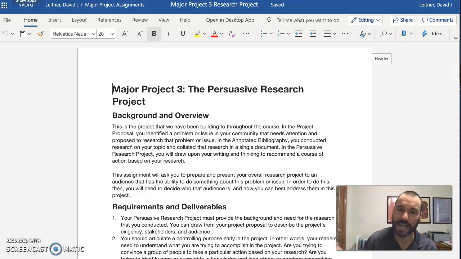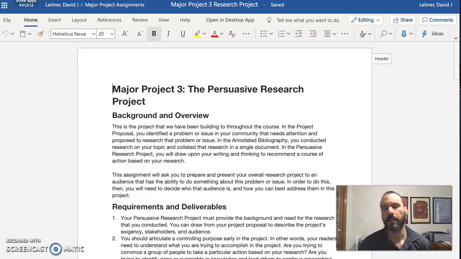So my point here is your research project does not have to solve the problem, but it does need to suggest a plan of action. And that plan of action can be as small as, we've got this problem and we don't have a solution yet, but here's a gap in our research. We need to look more at this area; we've been looking over here, and we need to look over here.